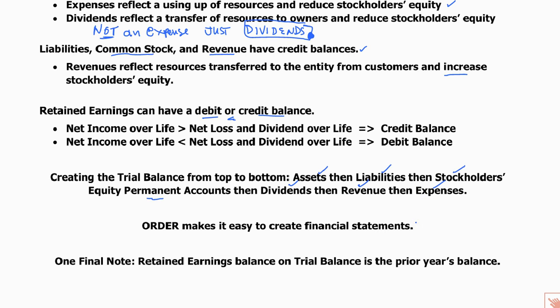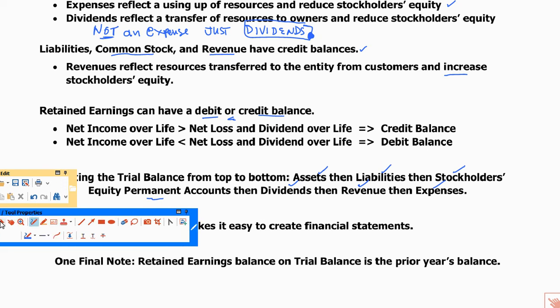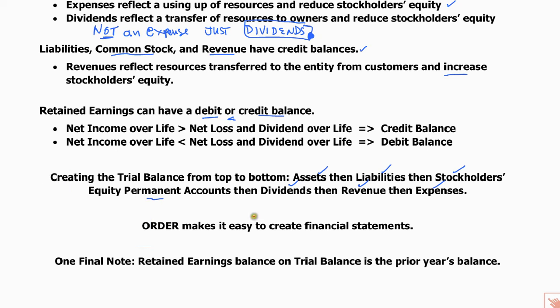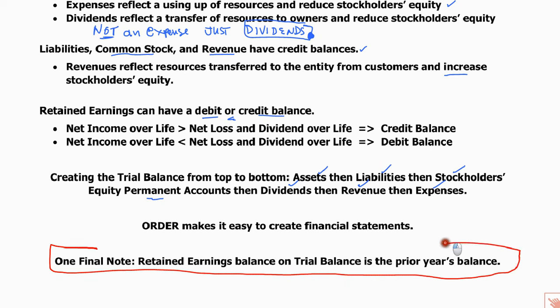And I'm saying this one again because people forget. I know this can be totally boring, but this is a big one not to forget. The retained earnings on the trial balance is the prior year's balance. It does not include additional net income and subtraction of dividends from the current year.